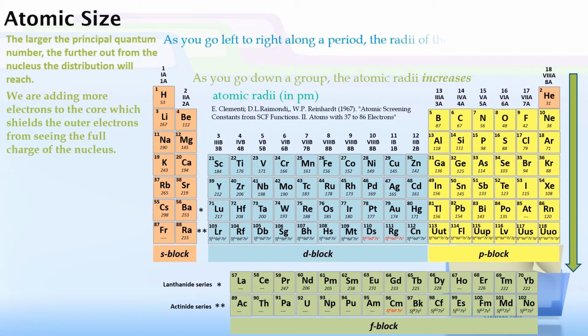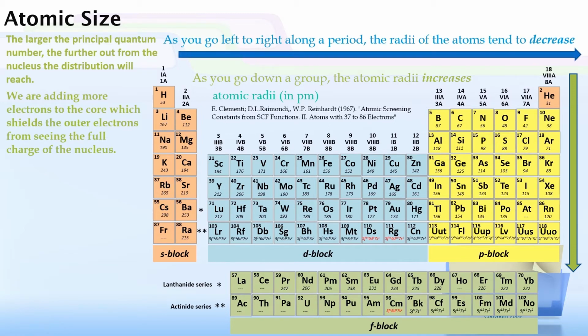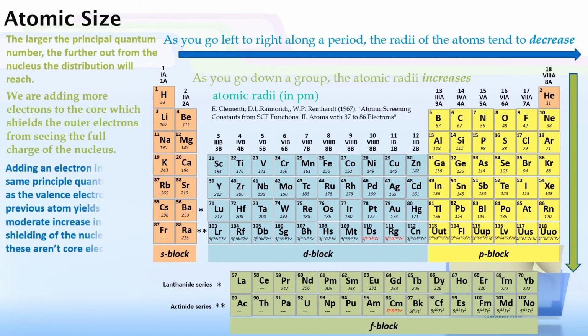Now, as you go from left to right along a period, the radii of the atoms decrease. This one can be a bit counterintuitive. As we add an electron to the atoms in the row, we're adding an electron into the same principal quantum shell as the valence electrons of the previous atom. We aren't increasing any shielding effects of the nucleus, since these are not core electrons placed in lower quantum shells, but electrons placed in outer shells.